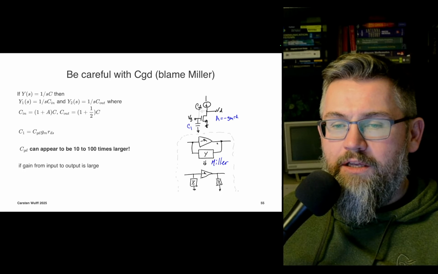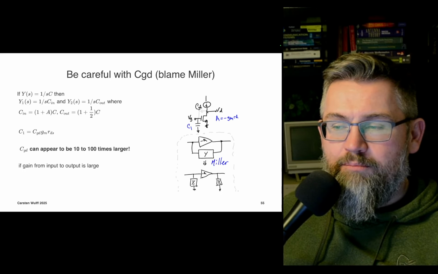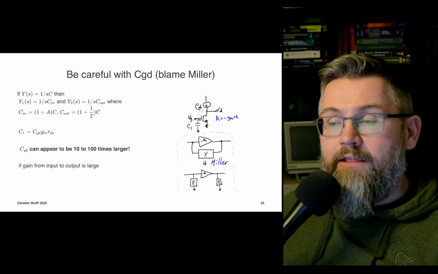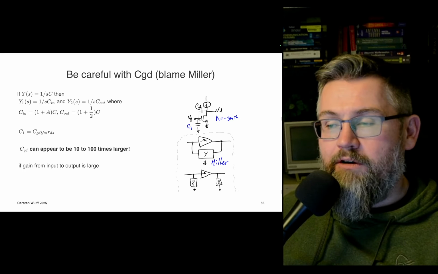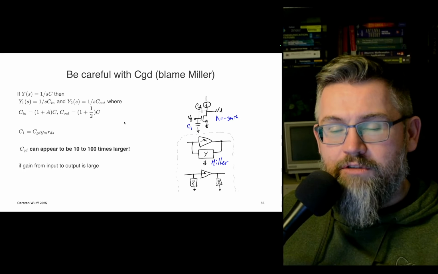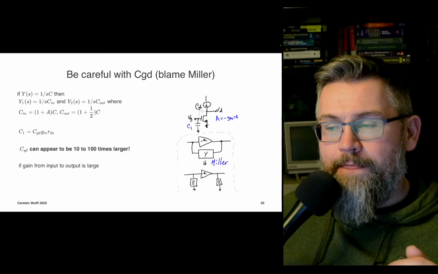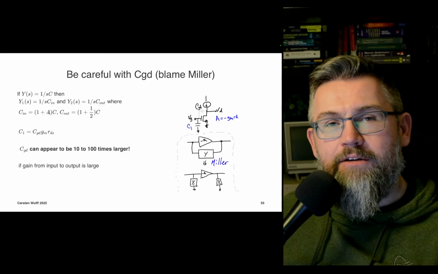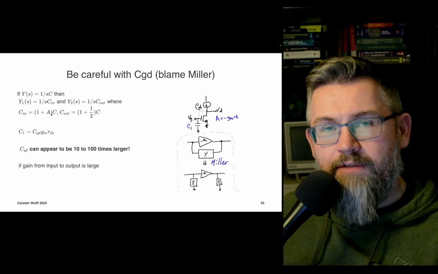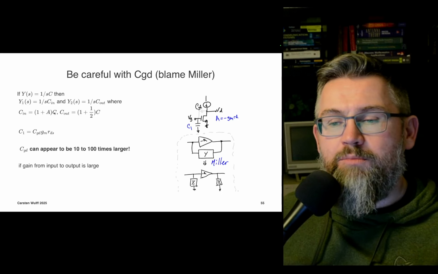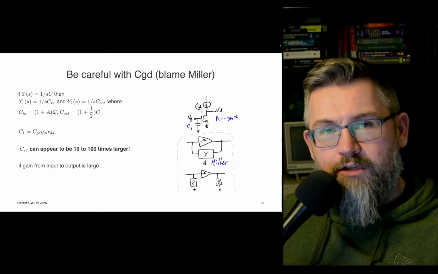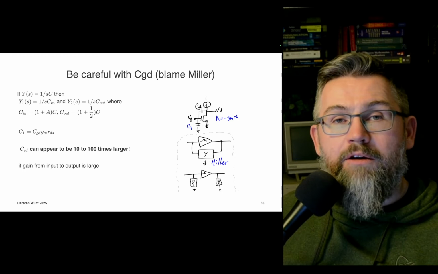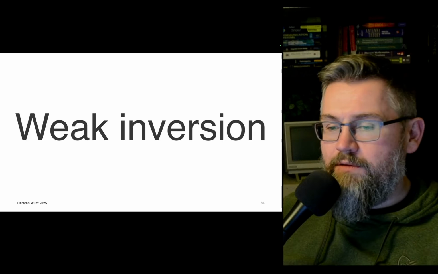But if we hook up a capacitor between the output node of an amplifier with inverting gain and the gate, or the input of an amplifier with inverting gain, it actually turns out that when you look into the gate, in this case, the Cin, that actually is going to appear to be larger. It's 1 plus the gain of that transistor times the capacitance, which means that depending on the gain of the transistor, that apparent capacitance of the CGD might be a lot bigger than you think. So sometimes you have to think about it.